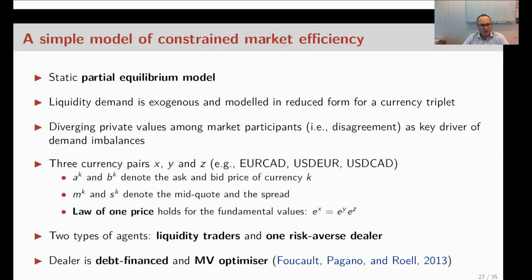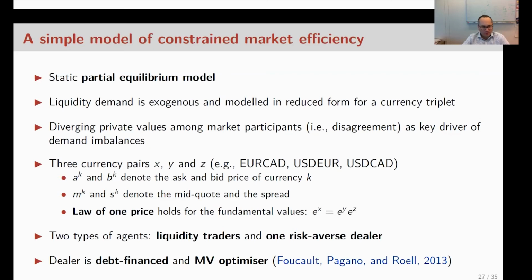Okay, so a little bit of further detail. What we're doing, as I mentioned before, is we propose a static partial equilibrium model in the microstructure tradition. Liquidity demand is exogenous and modeled in a reduced form. There's nothing really fancy there.